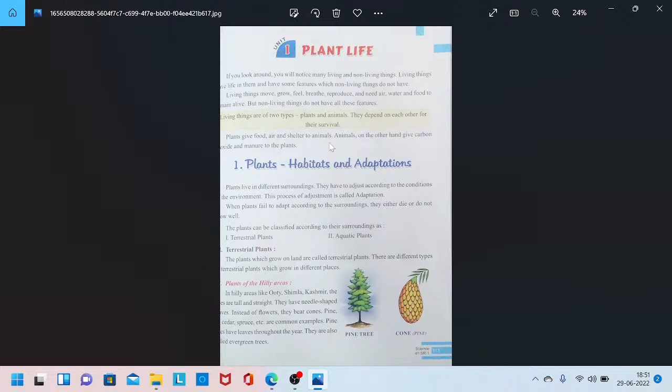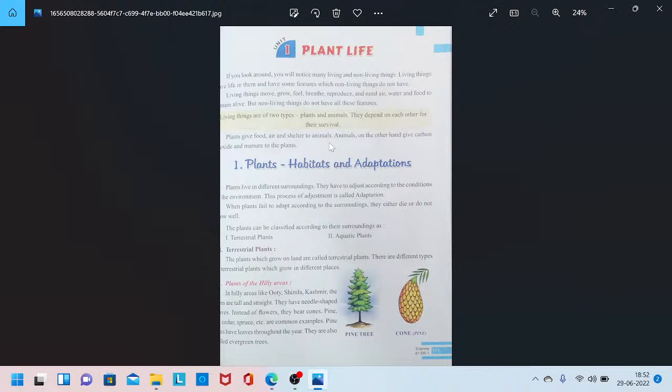Okay, so the things which are in yellow color, read carefully. Living things are of two types, that is plants and animals. Plants and animals depend on each other for their survival, isn't it children?